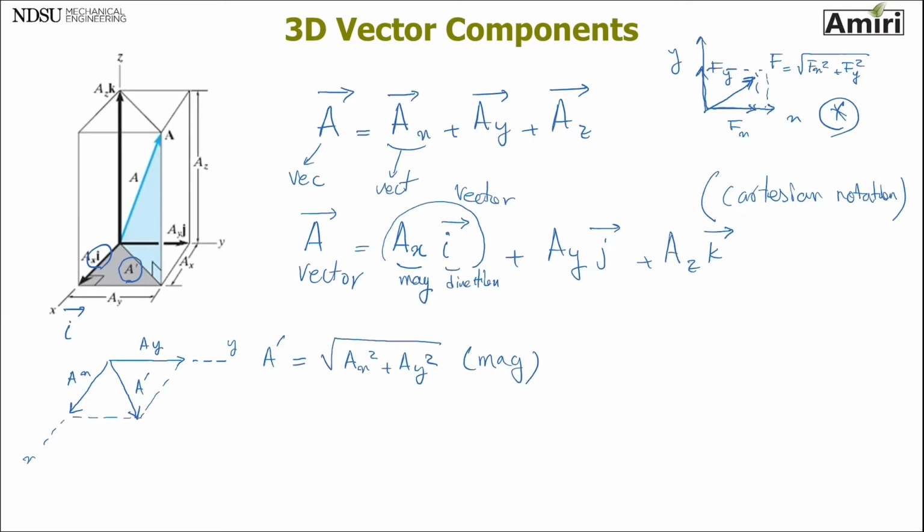So now let's look at this triangle here, or this parallelogram right here. This is a prime, this is 90 degrees, and this is my vector a. So let's look at it from this side. I'm just going to draw it flat.